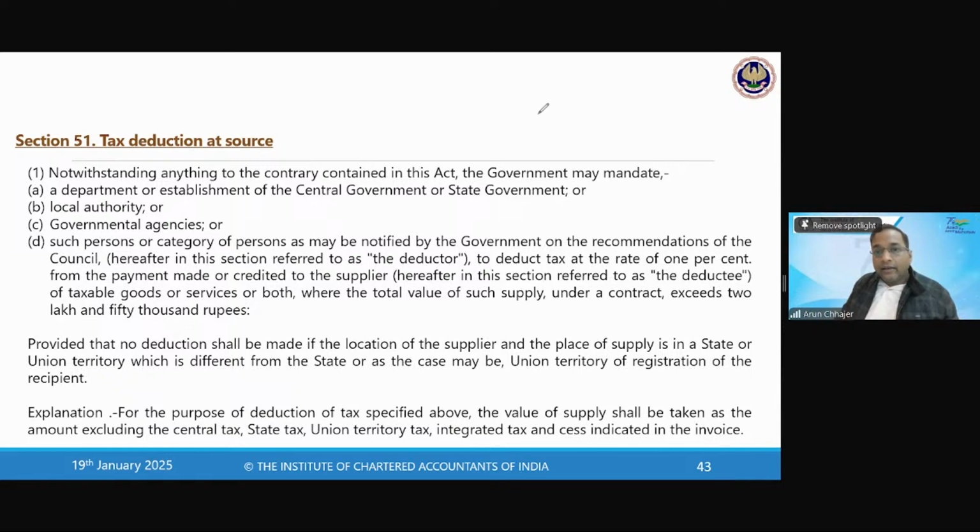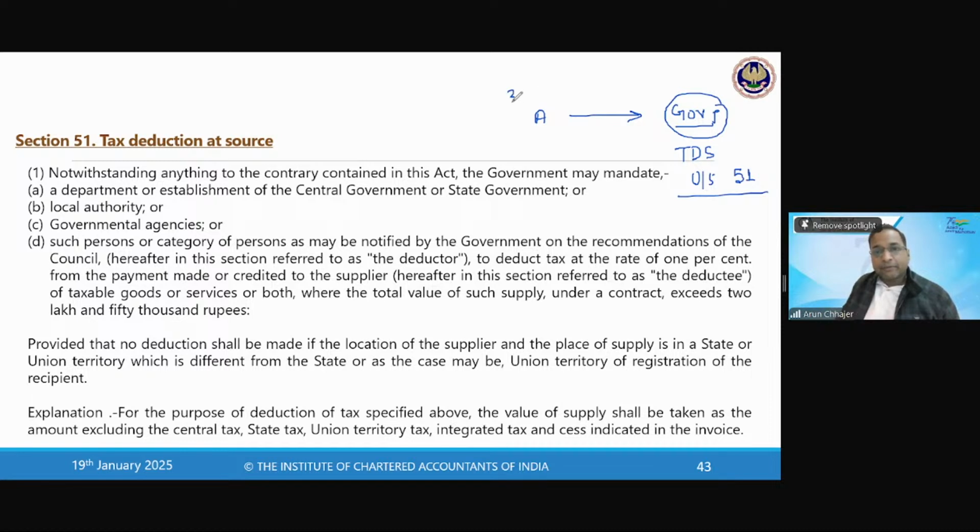Let's say A is making the supply to the government, then the government will deduct the TDS under section 51.